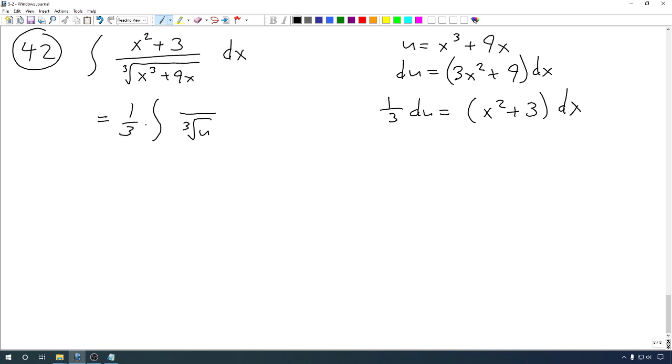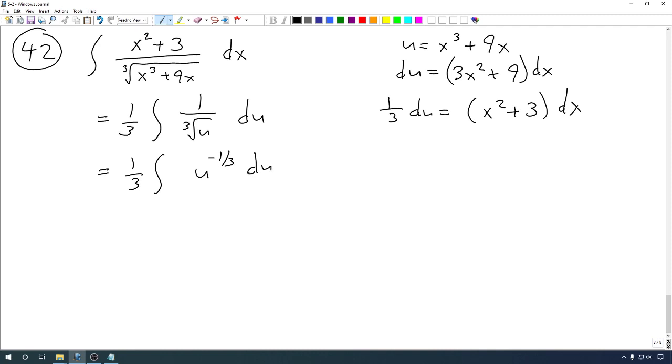Of course, I'm going to go ahead and put the 1/3 out in front. So by doing this substitution, we turn this into a much simpler looking integral. Of course, the cube root of u on the bottom is really u to the negative 1/3 power.